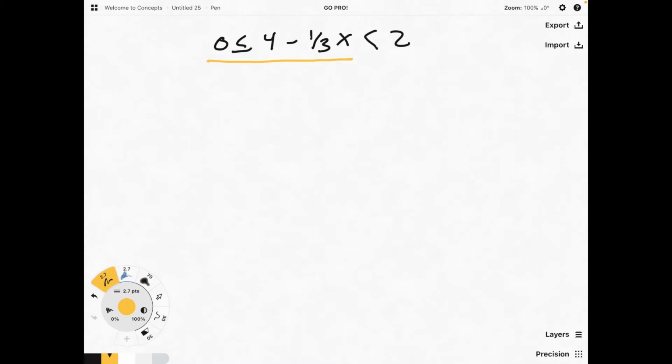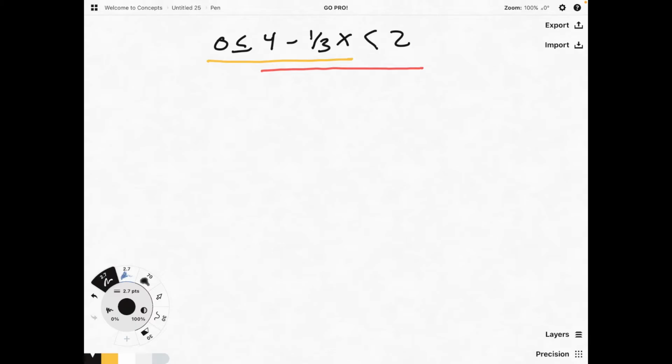So 0 is less than or equal to 4 minus 1/3 x. And then you're going to set up a second equation that's going to pertain to your other side of your inequality, which is 4 minus 1/3 x, which is less than 2. When you solve for both of these inequalities, you will get two answers that will satisfy each of these inequalities.